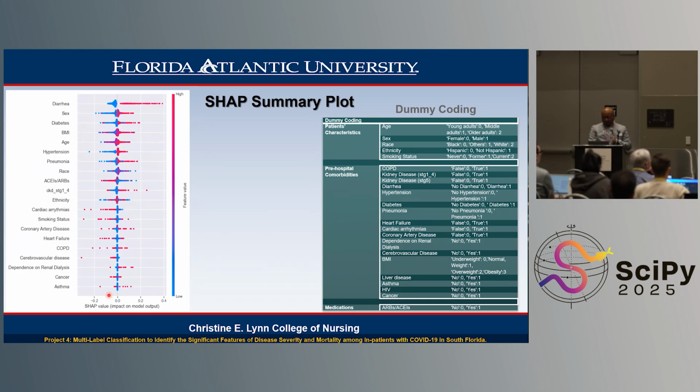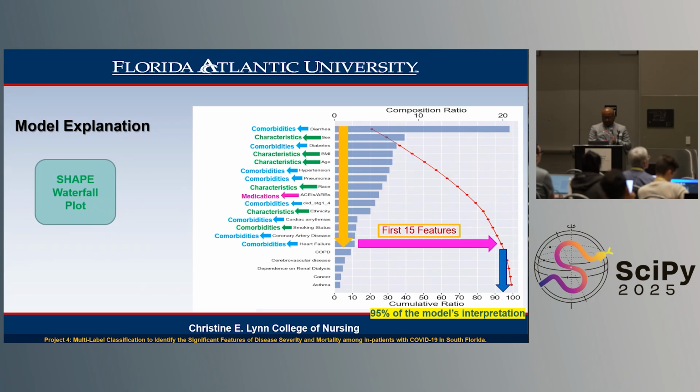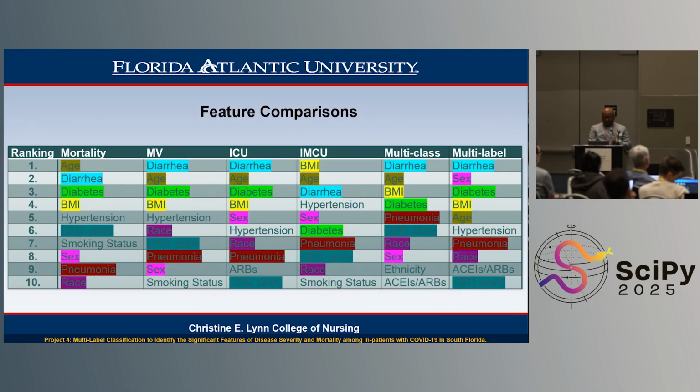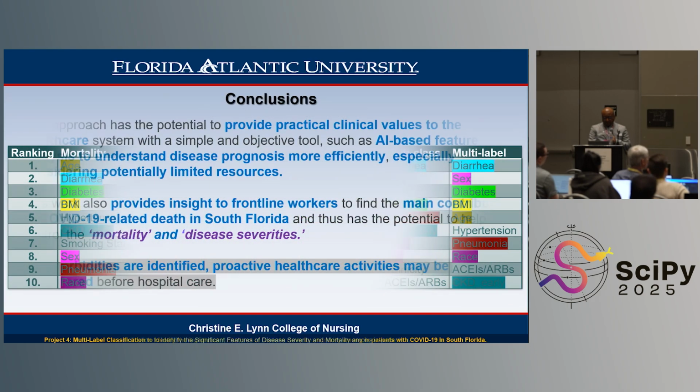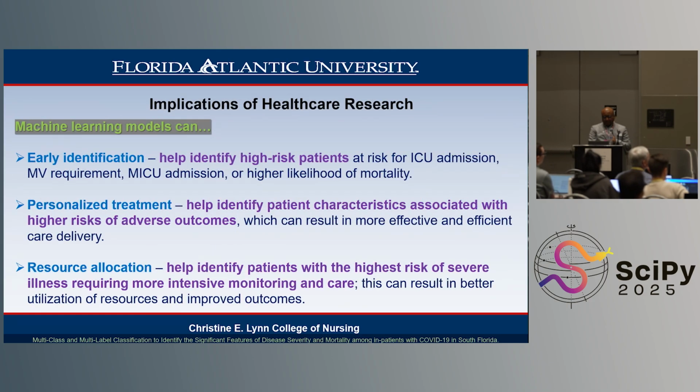So this is 16 patterns. I'm not going into details of the chain classifier and how that works, and this is the accuracy we got using this kind of classifier, named multi-level classifier.